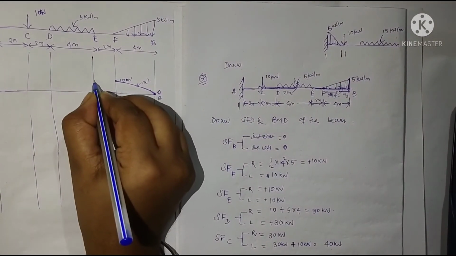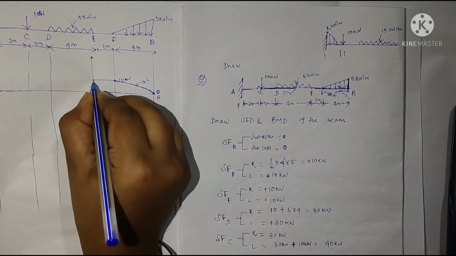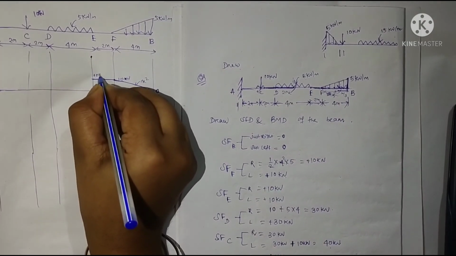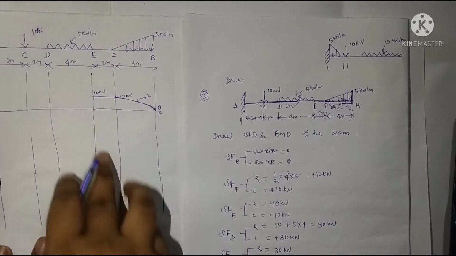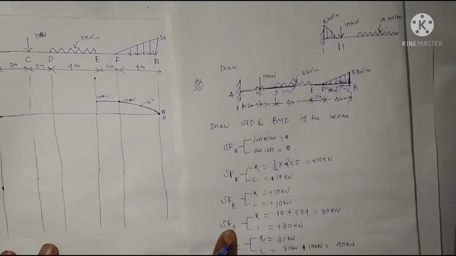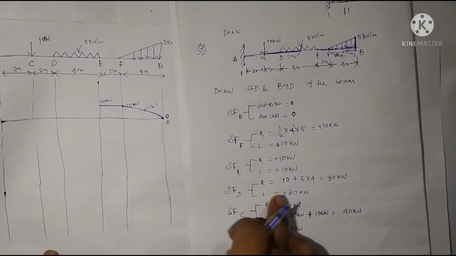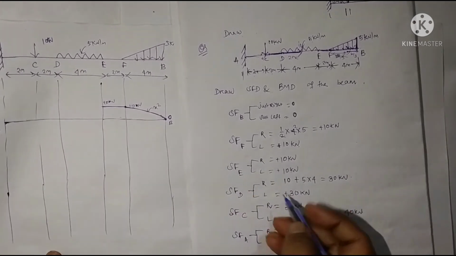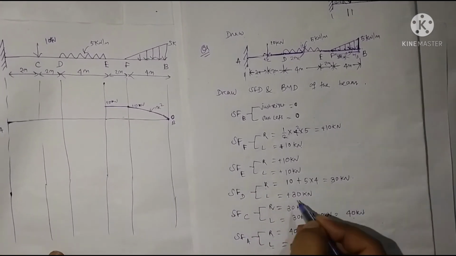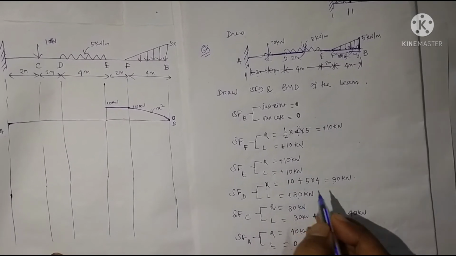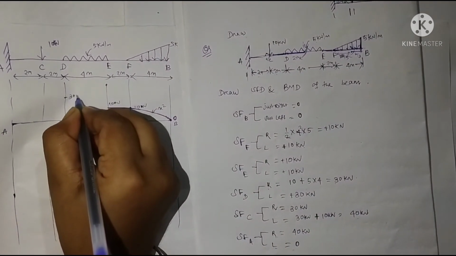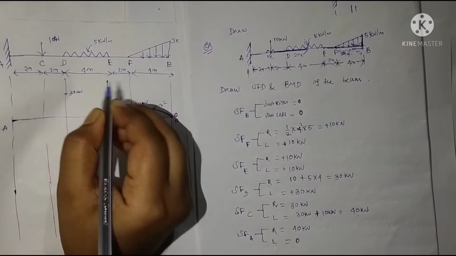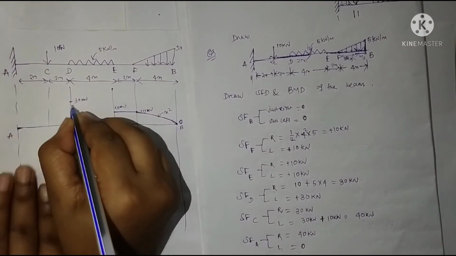So just connect it with a straight line. This is 10 kilonewton. Now draw shear force at point D. At point D, shear force at just right is 30 and just left is also 30. So here we mark a point that is 30 kilonewton and we connect it linearly.